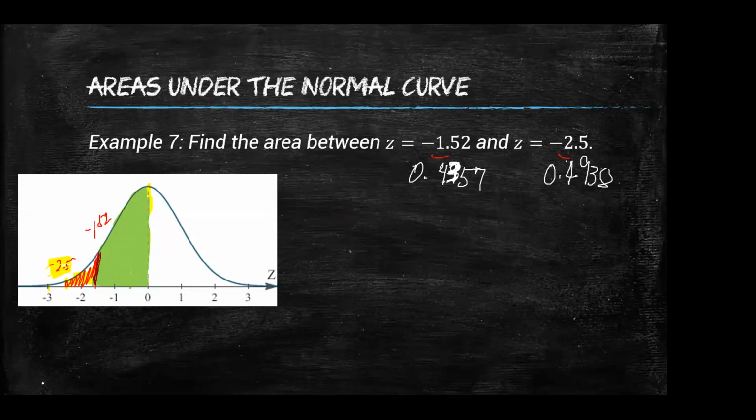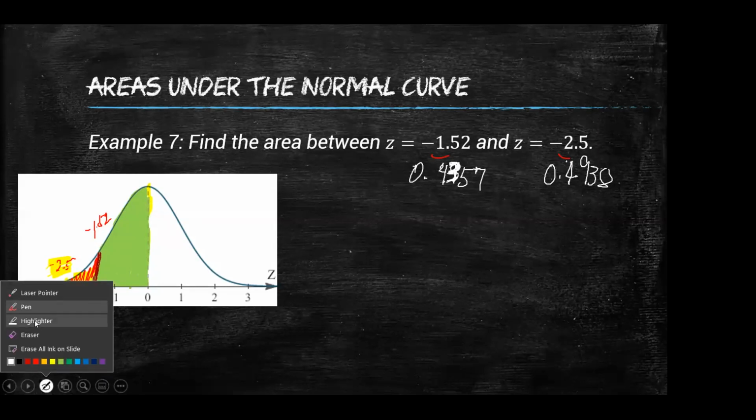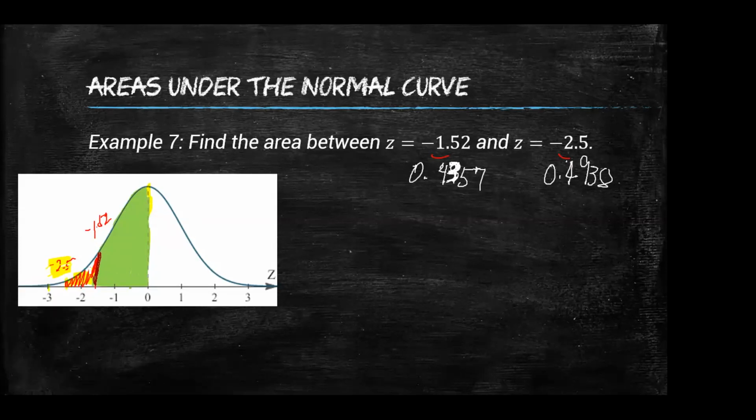Kasi ang pagkakaintindi ko sa sinabi ni Hailey class is that we need to add the two areas, itong 2.5, saka itong negative 1.52. And then yung sum nun is subtract sa 0.5. Eh di ba parang ito yun? Yung dulo. Right? So ganito yan siya.